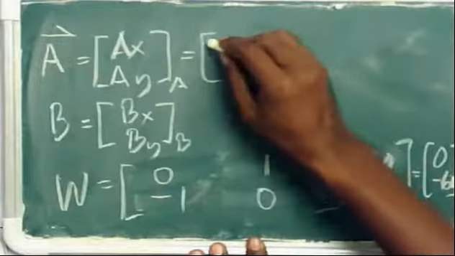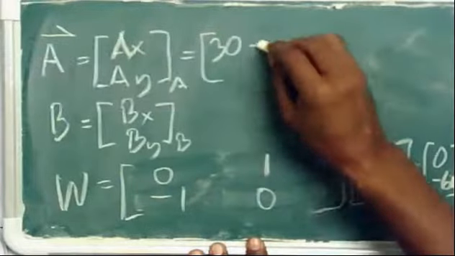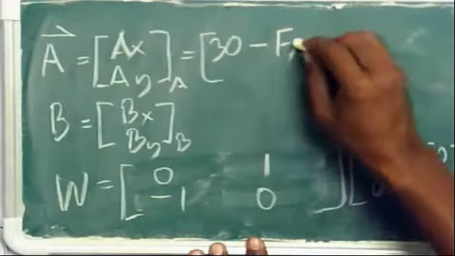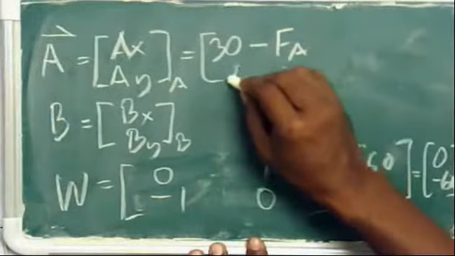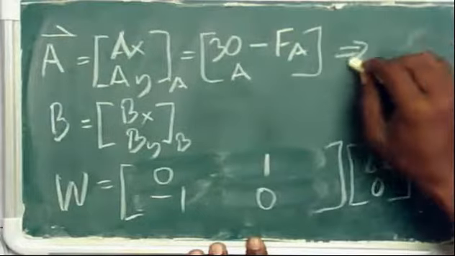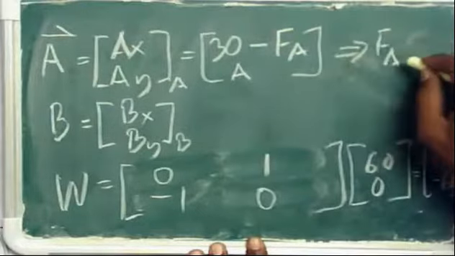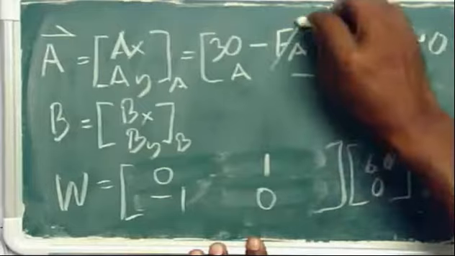Here, I can expand the AX: the 30-pound force, and then minus the friction force that opposes the motion, FA. AY will be A. Here, FA is assumed 0 because of the smooth guide, so this one will be removed.